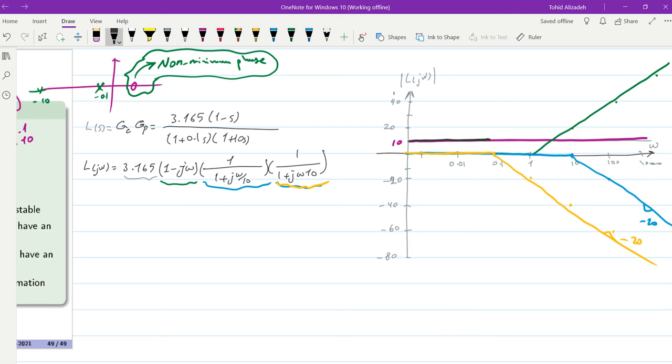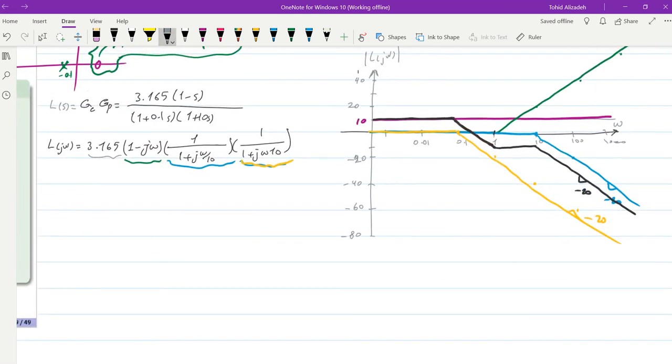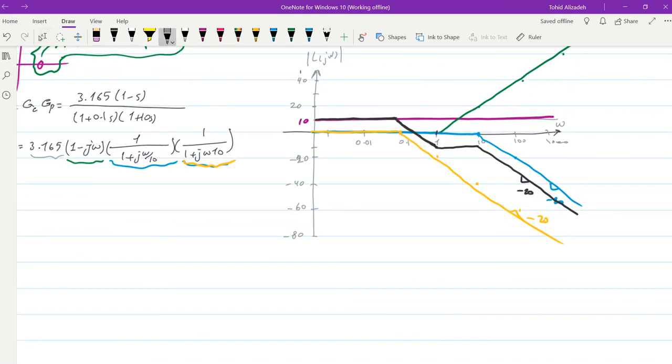Then up to omega equal to 1, we'll have minus 20 dB per decade. We will arrive here at minus 10 dB. Then we have 0 dB per decade, and afterwards we will have minus 20 dB per decade. So the black one is the approximate amplitude plot for the given system.